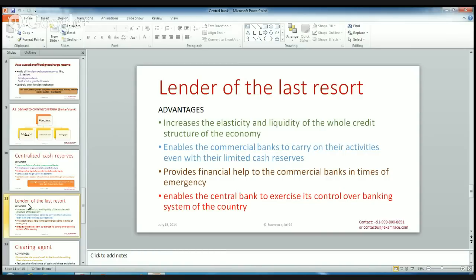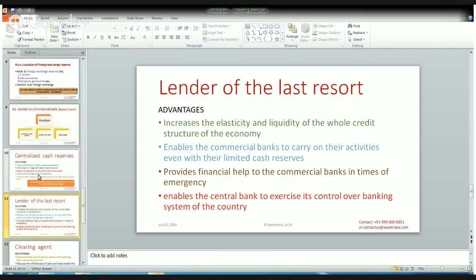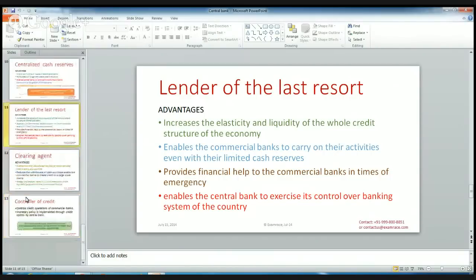It also enables the carrying on of the activities performed by the commercial bank through providing credit to the commercial bank. It enables the central bank to exercise its control over the banking system of the country.